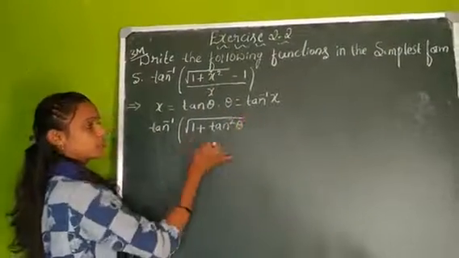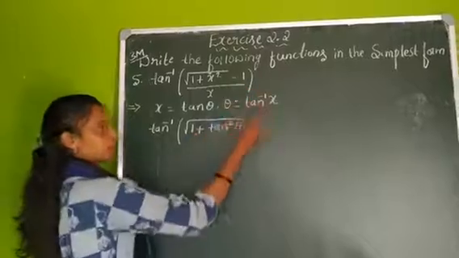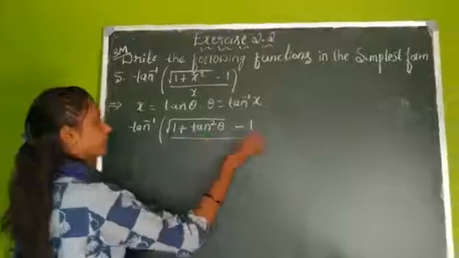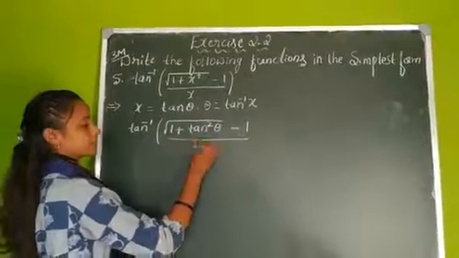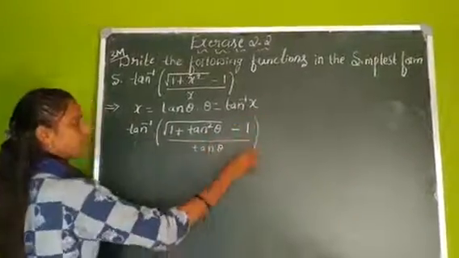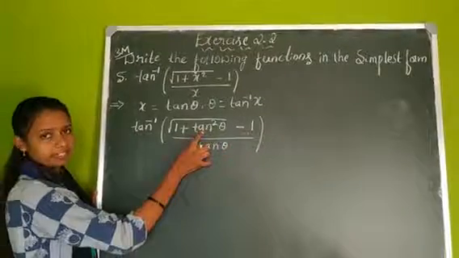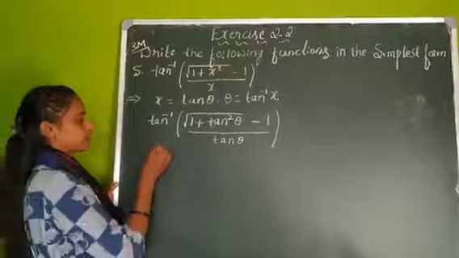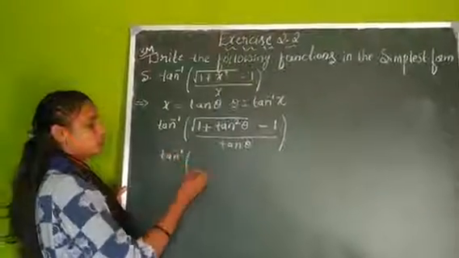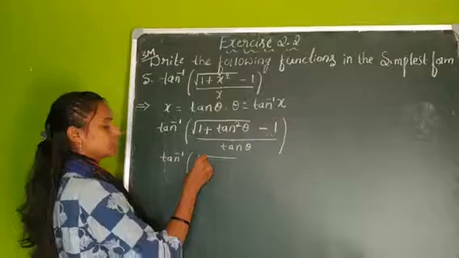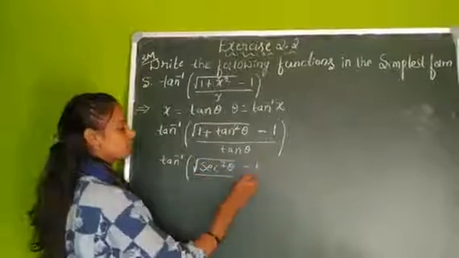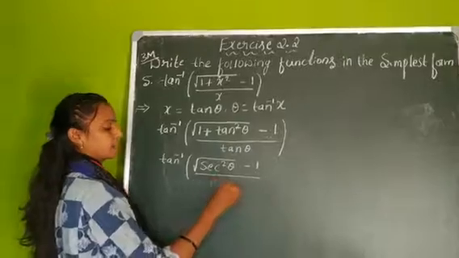This square root is only for these two terms. Minus 1 divided by x is nothing but tan theta. Now I make use of the trigonometric identity: 1 plus tan square theta is secant square theta. So tan inverse of square root of secant square theta minus 1, divided by tan theta.